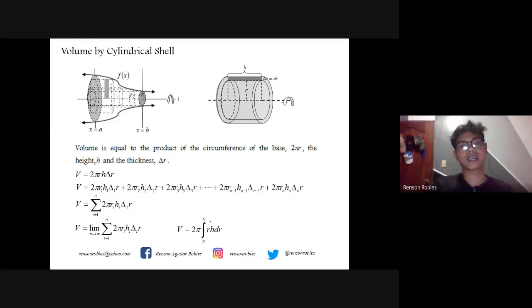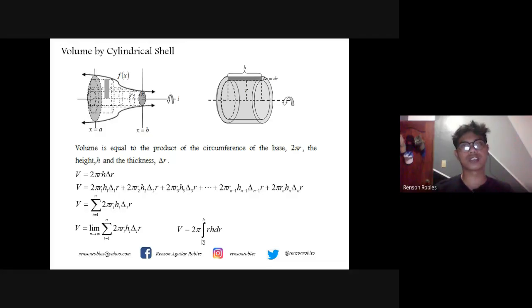So that's 2 pi integral of r h dr, where r is the distance of the axis of revolution to the chosen element, and h is y upper minus y lower. If you are using vertical elements, dr is dx.